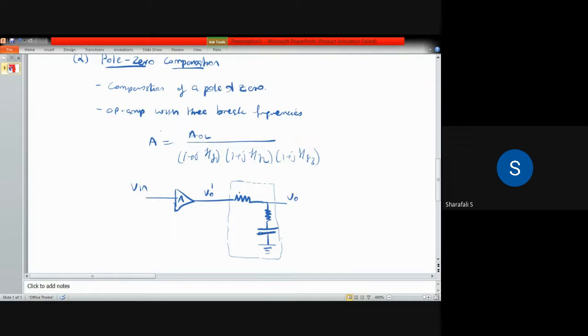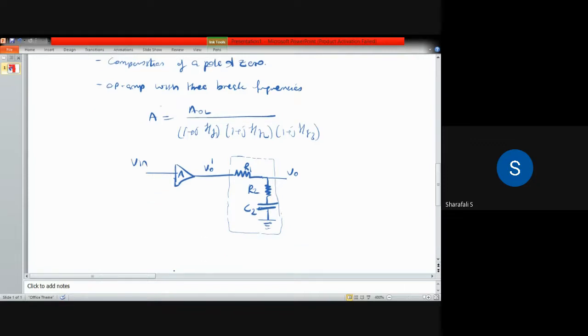Let's assume the capacitor as C2. So R1, R2, and C2 are the components, and this part of the network is called the pole zero compensation.